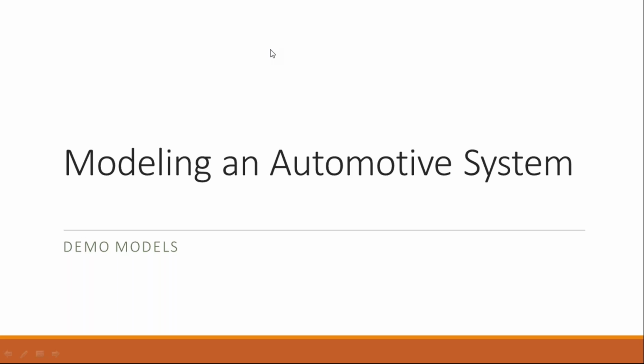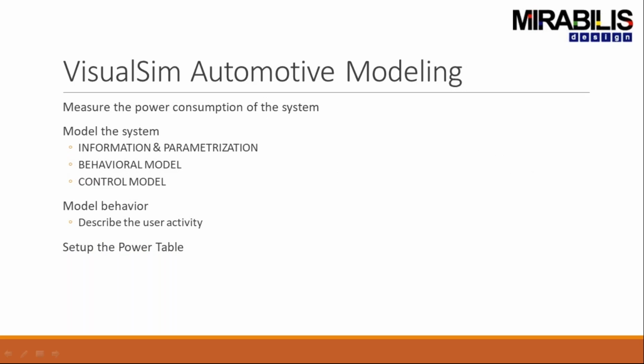Okay, modeling an automotive system. So in this, we will talk about VisualSim automotive modeling. In an automotive system, one of the key areas that we focus on is power consumption, because as we move toward green energy, we move from combustion oil to battery, and batteries need recharging.